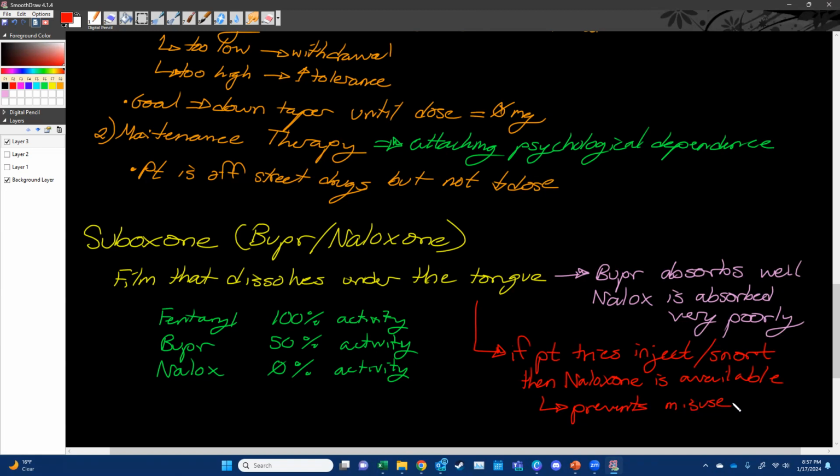So this is what allows Suboxone to be dispensed at community pharmacies, right? And that we don't have to necessarily worry about someone misusing their Suboxone, because if they try to take it any other way than oral, you're going to be getting naloxone, and now you've just messed up your high, and you're probably going to cause withdrawal, and it's your own fault.